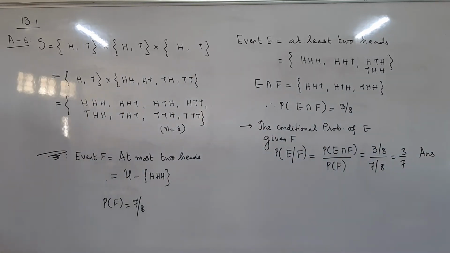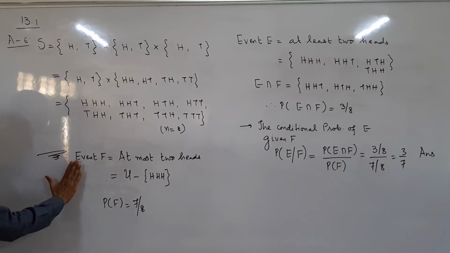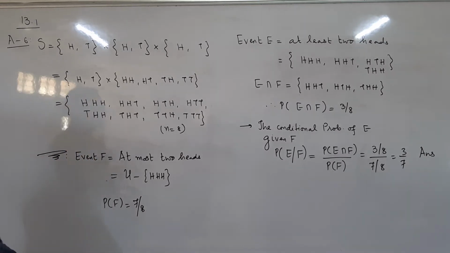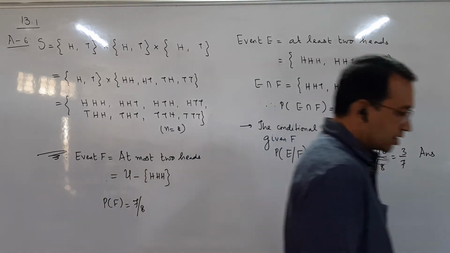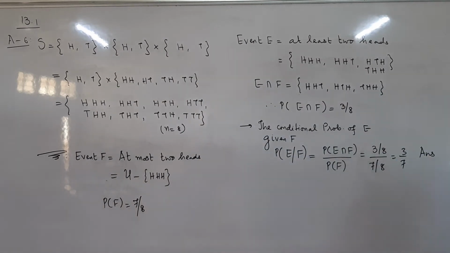So here you have to understand that this highlighted event F occurs first because it is the base event. We are told to find the conditional probability of E given F. Okay, let us do the third part of the sum. At least one tail.